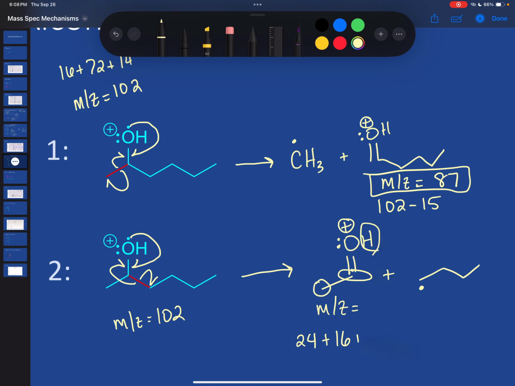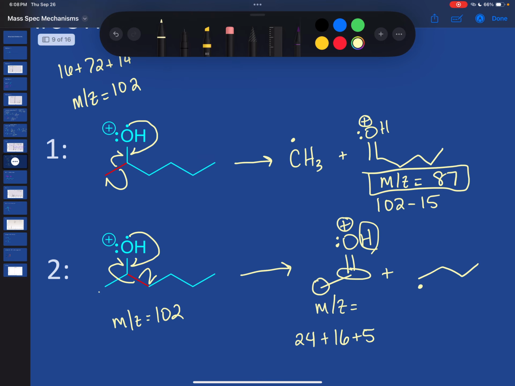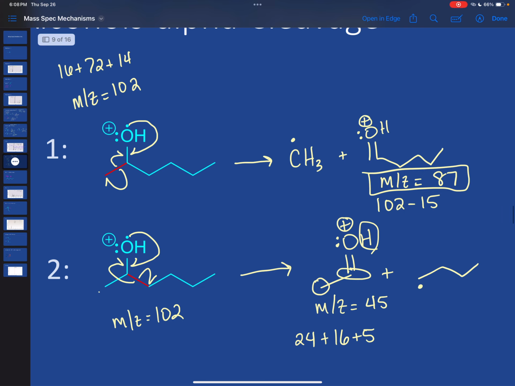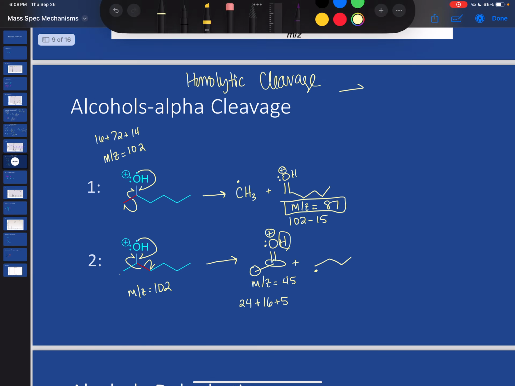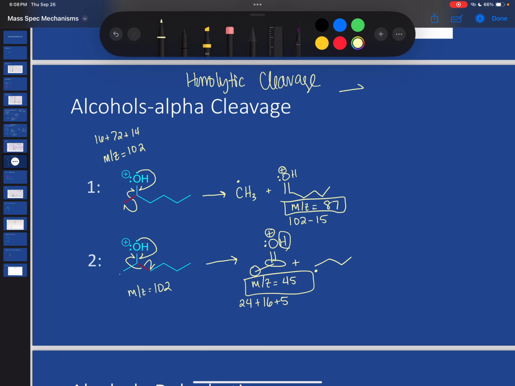So plus 5. So my mass to charge ratio for this is going to be 24 plus 16 plus 5. Okay, I'm getting 45. All right, and then that's all the cleavage I can do here. So those are my 2 alpha cleavages.